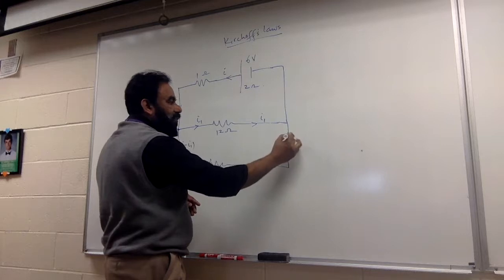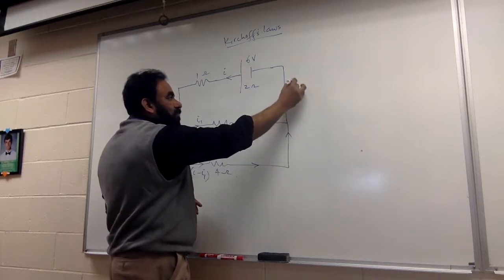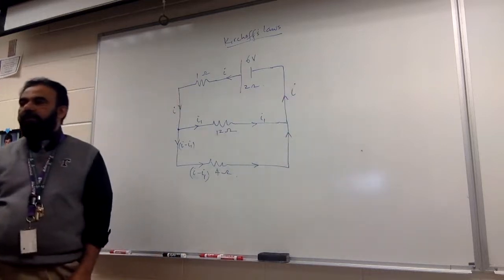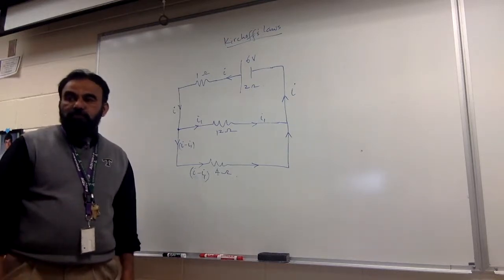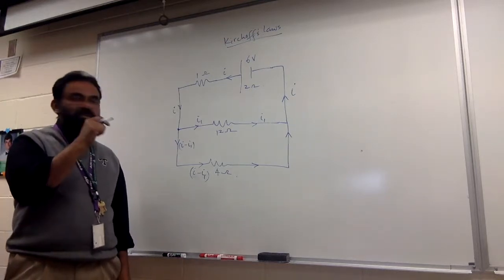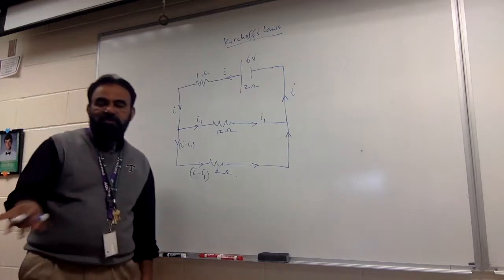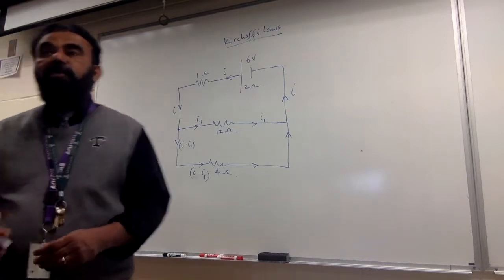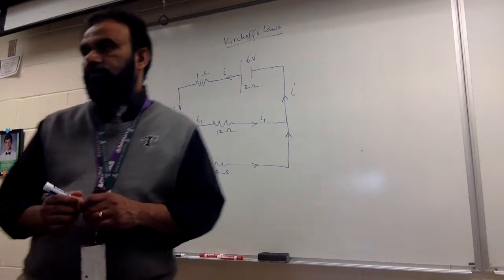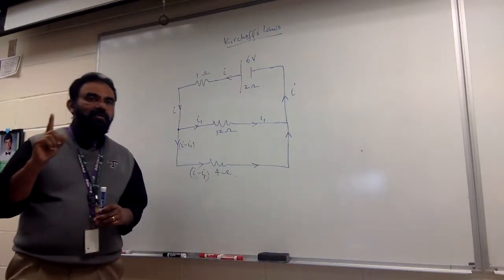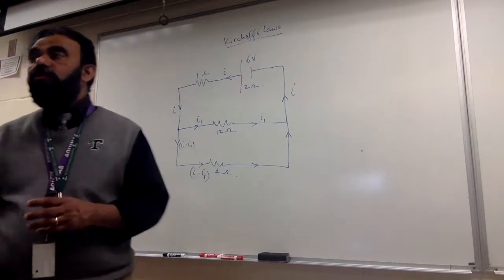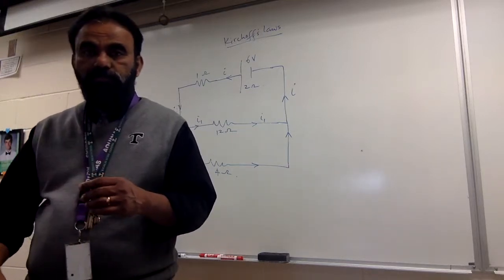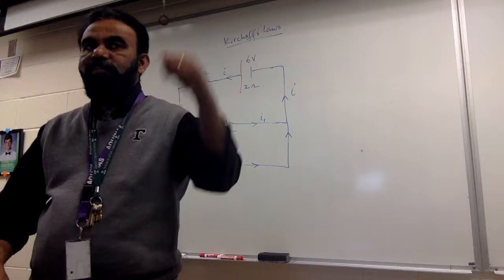And both these currents are going to join together and form I. That's your first task before solving a problem: putting current assignments. We have done that by using Kirchhoff's first law. Now it comes to the second law. Before you do the second law, you need to use loops. How many loops are here in this?